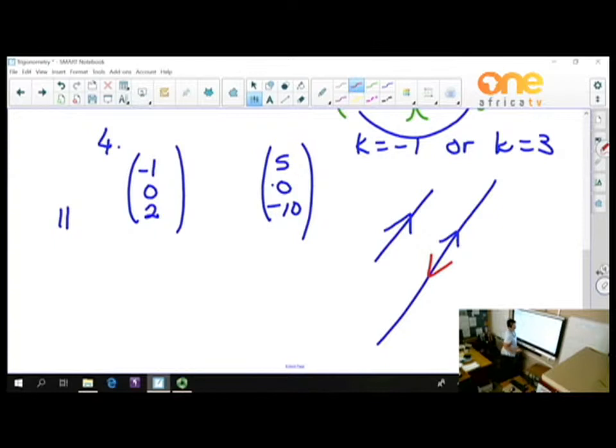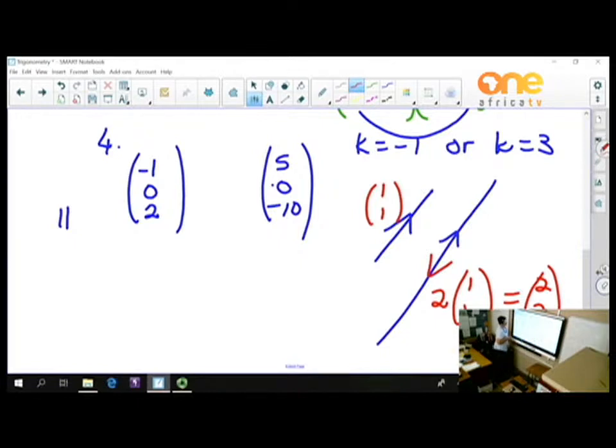So what we do is we multiply the one with a scalar. Let's say this is the vector (1, 1). If we multiply that vector with scalar 2, then it is (2, 2). So that's why we know that they are parallel. If you multiply it with a scalar, this is what you need to show.